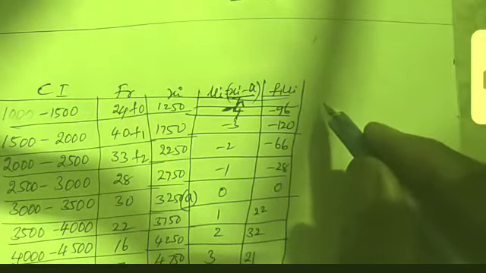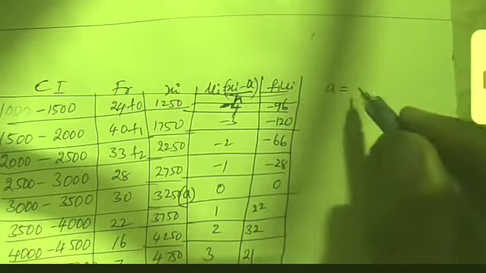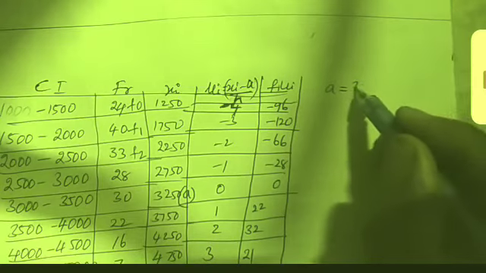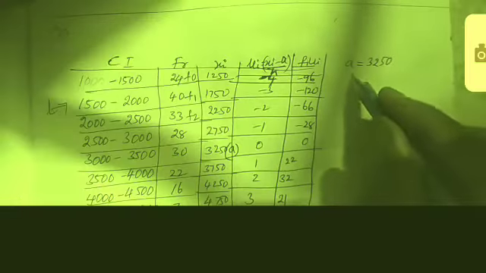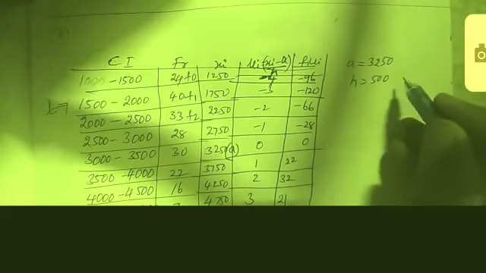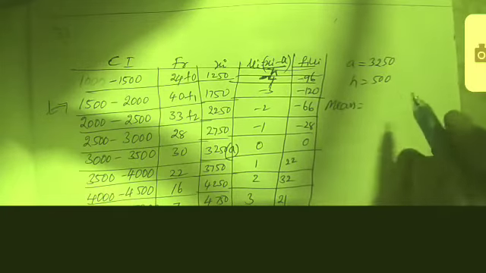Next we go to the mean value. A equals 3250 and h equals 500.